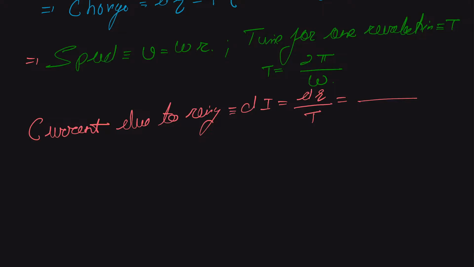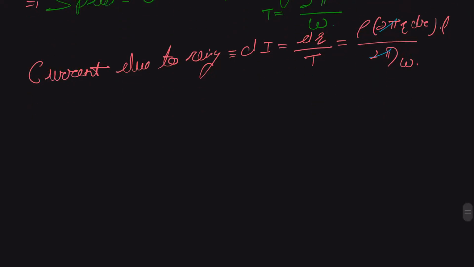We get rho times 2 pi r dr times length L, and T is 2 pi upon omega. And this 2 pi and 2 pi cancel out. Therefore we get that the current due to this ring, that is our di, will be equal to rho omega r L times dr.